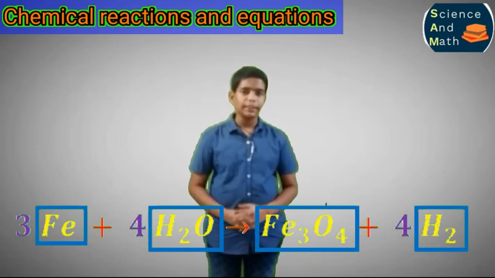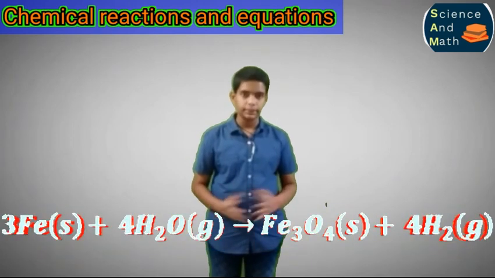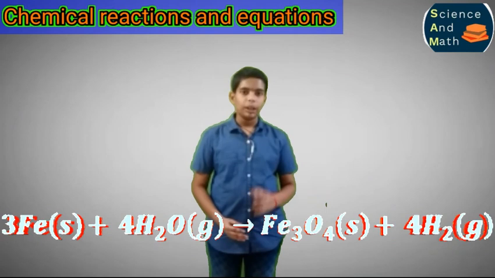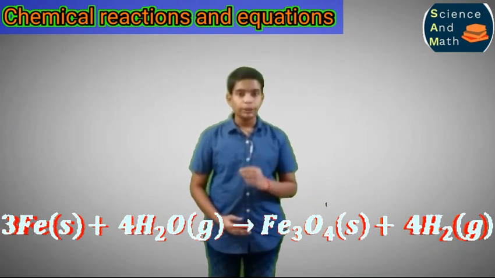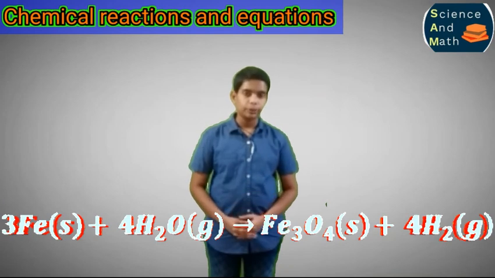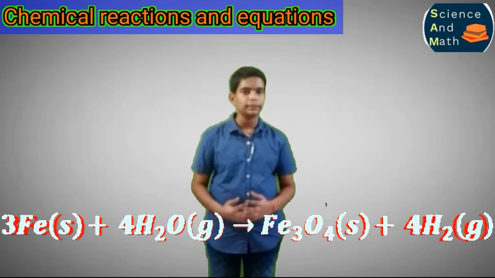So if we add the physical states for this equation, it looks like this. Here Fe is in a solid state and the 4H2O is in gaseous state. Do you know why? It is because here H2O is used as steam.